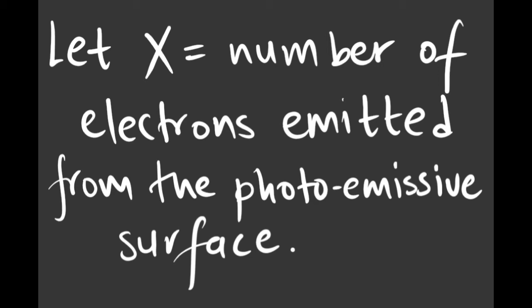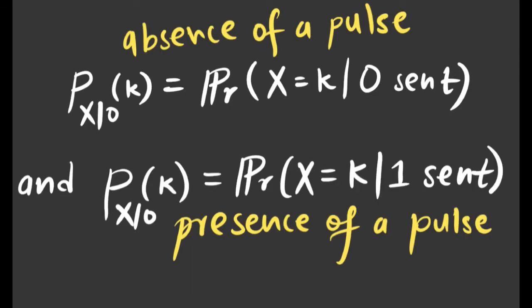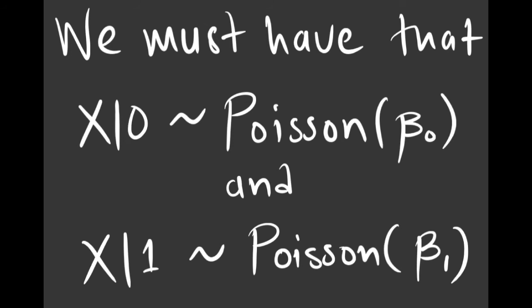X is described in terms of two conditional probability mass functions, PMFs, which we write as follows. We know from probability theory that if a random variable represents the number of independent events occurring in a fixed time interval with a known constant mean rate, then X must follow the Poisson distribution.